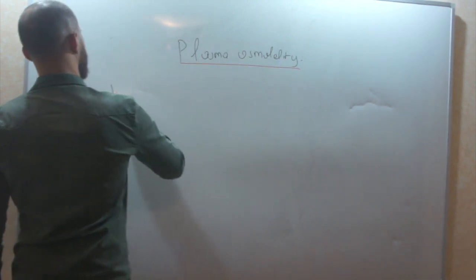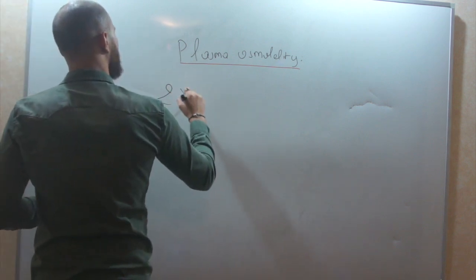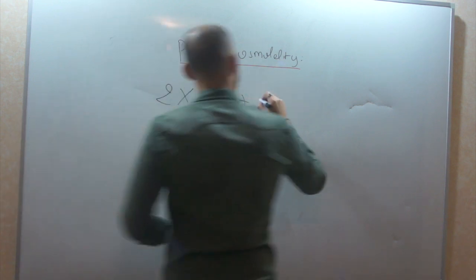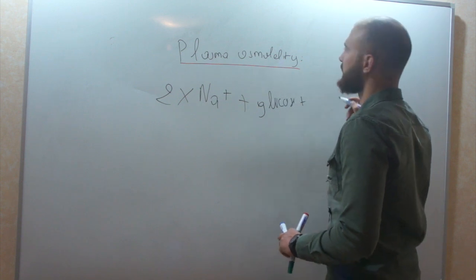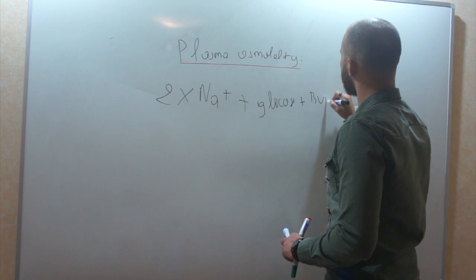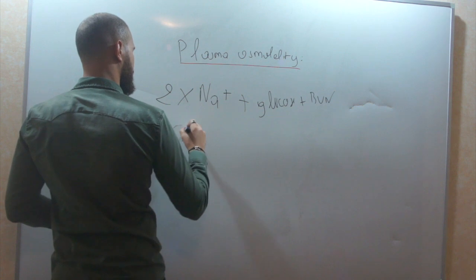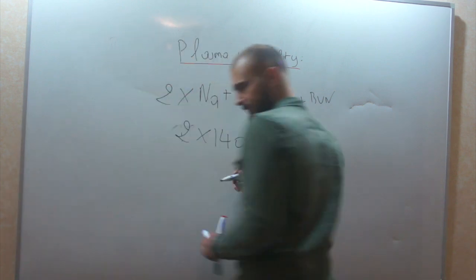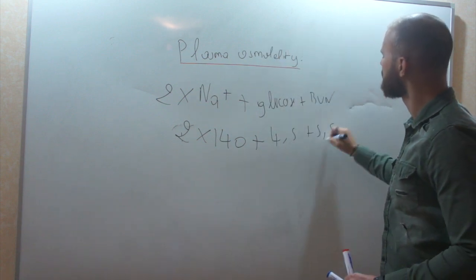Blood osmolality, or plasma osmolality, to be more correct. Already wrote it here. It's 2 times sodium osmolality, plus osmolality of glucose, plus osmolality of BUN. So it's 2 multiplied by 140, plus 4.5, plus 5.5.